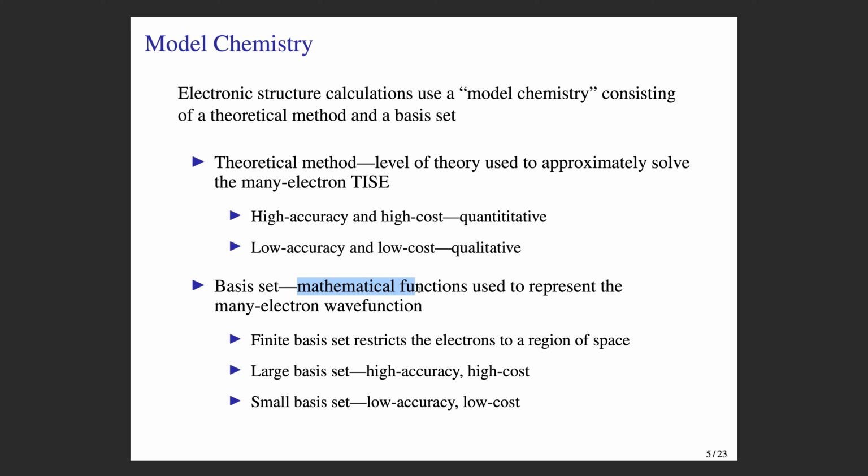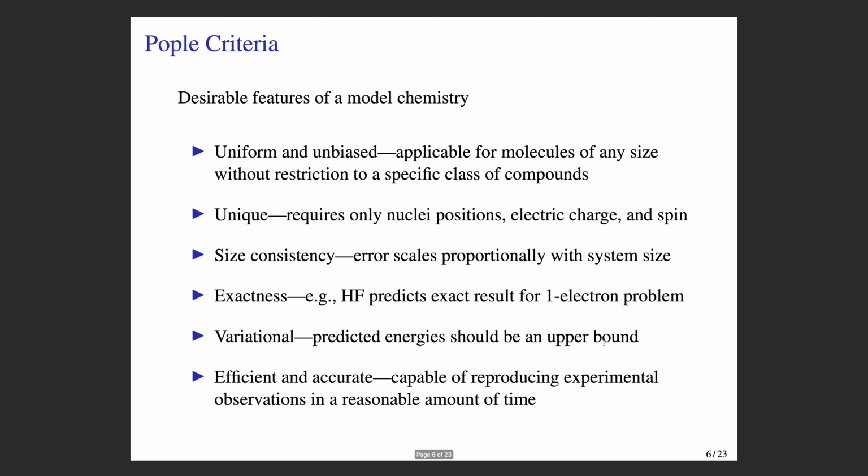As I was saying earlier, these are the mathematical functions that are used to represent the many electron wave function. You are always limited to a finite basis set, so a finite number of functions that are used to represent the many electron wave function. That ultimately ends up restricting the electrons in your calculation to a particular region of space.